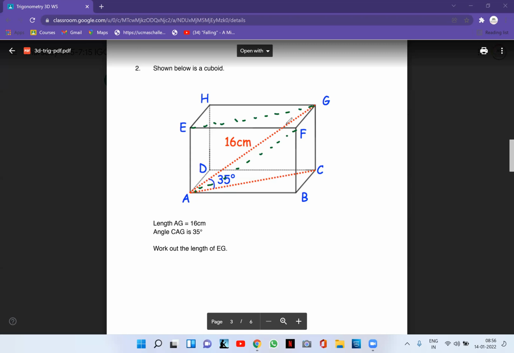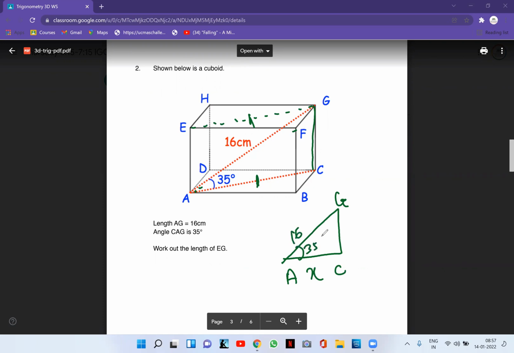If I want to find EG, can I first find AC? See, AC over here is equal to EG. If I want to find AC, let me just draw one small triangle for that, which is ACG. Now I know I have to find AC. AG they have given in the question, it is 16 centimeters.